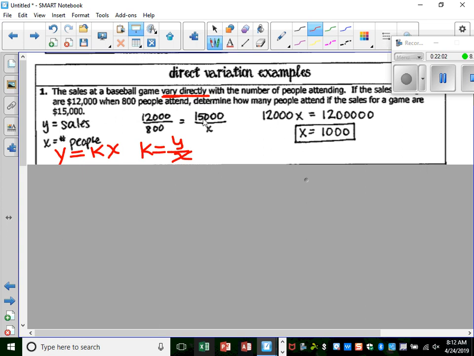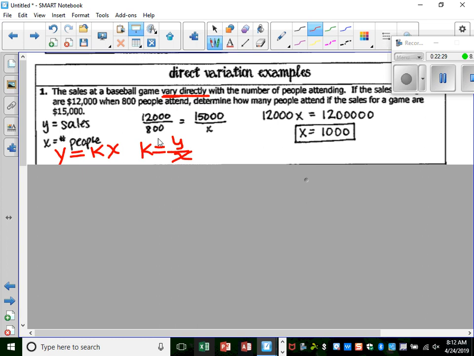So now you know that your sales number goes at the top over the number of people. If you have it written this way, you know your Y is your sales, your X is the number of people, so you'll know to put people at the bottom, your dollar amount at the top. And then you just cross multiply like we did a few minutes ago. Cross multiply this way, you have 12,000.